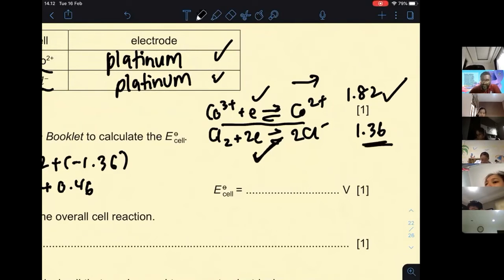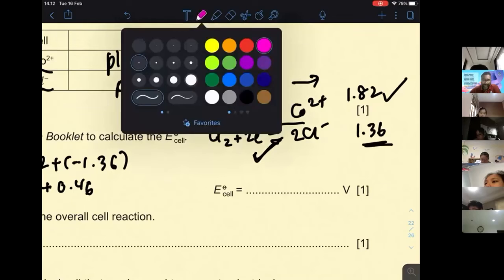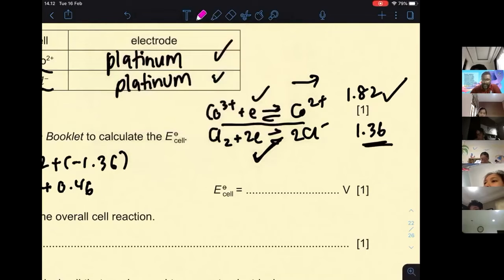Next, I need to identify which one is bigger. I notice the first equation is bigger, so it will stay at the front, and this one will move to the left, because of the 1.36 and 1.82.